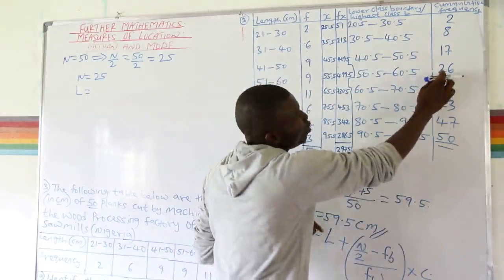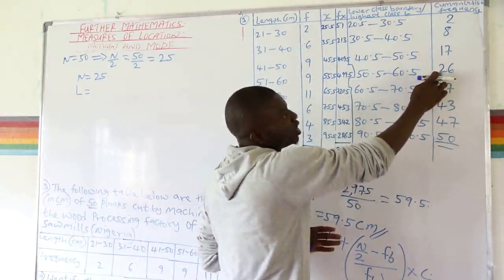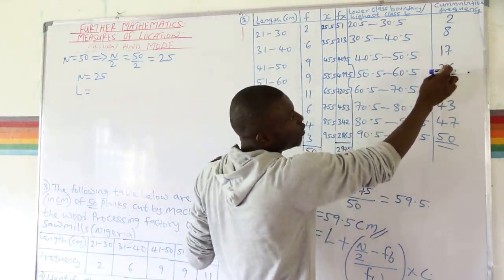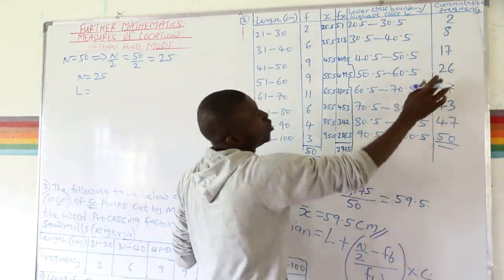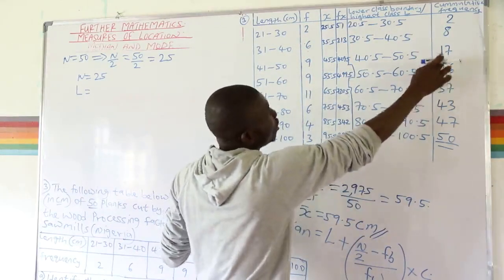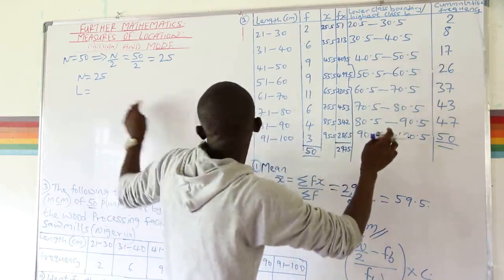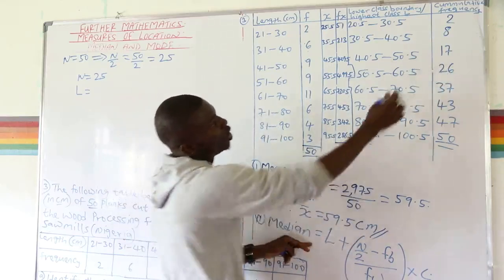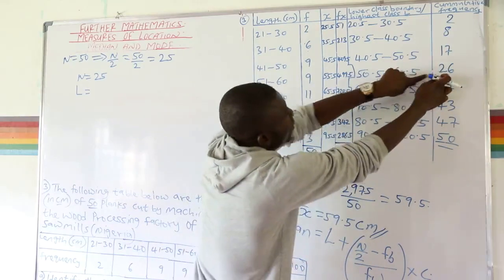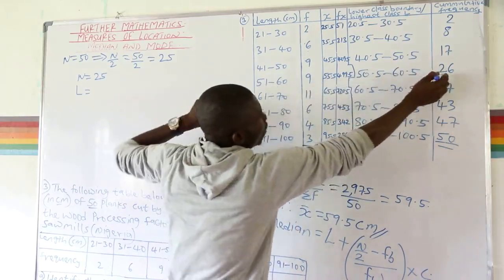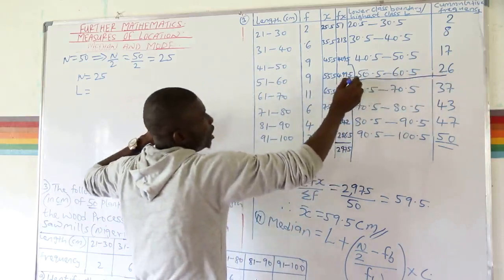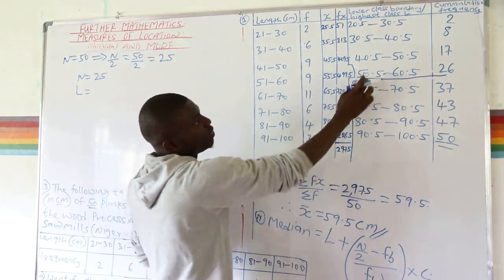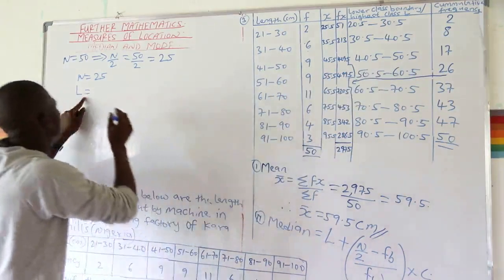So we are choosing 26. 26 is more than 25, but it still falls in the range of this 26. So our cumulative frequency is 26. Now to check your L, which is our lowest class boundary, just trace it from this place. Our lowest class boundary is 50.5. So our L is 50.5.